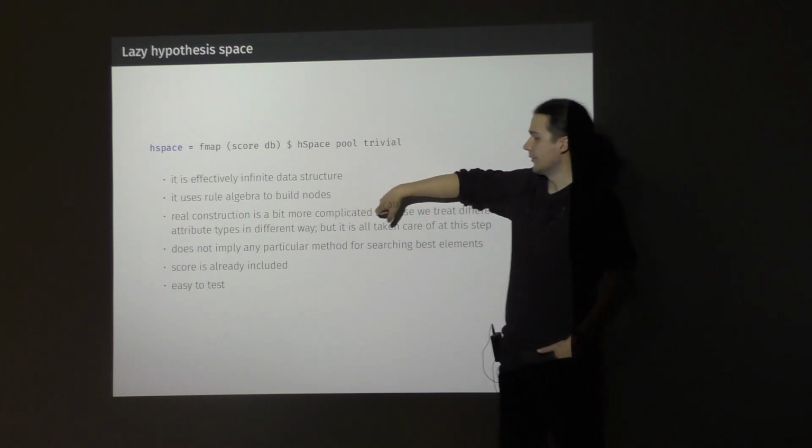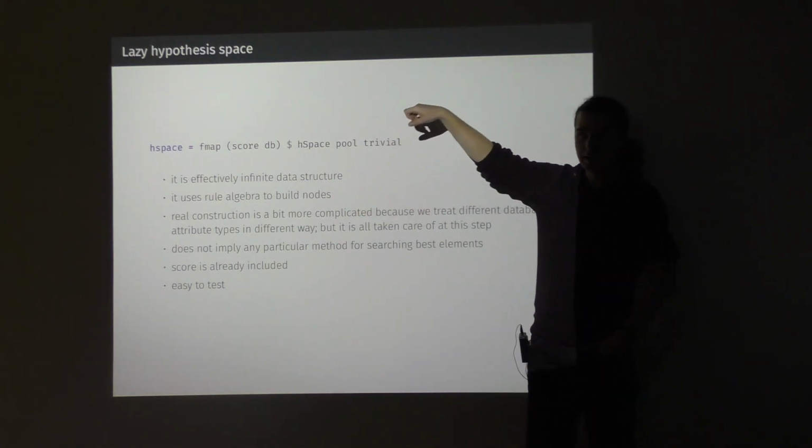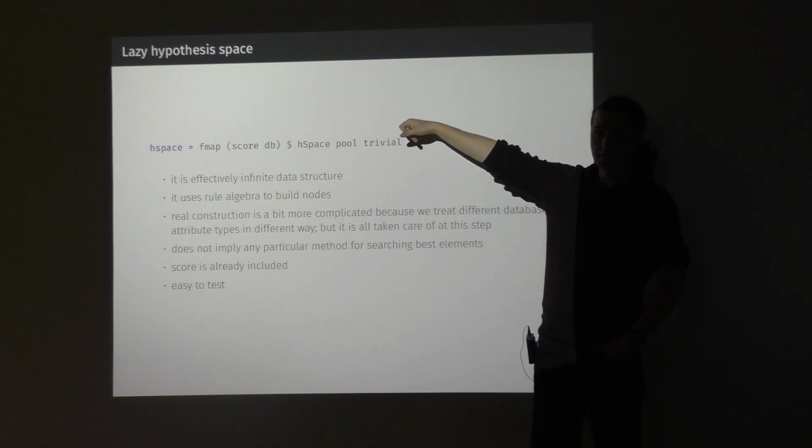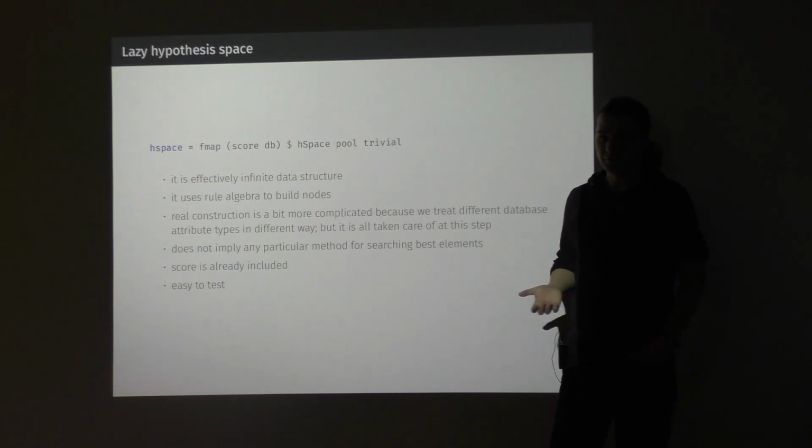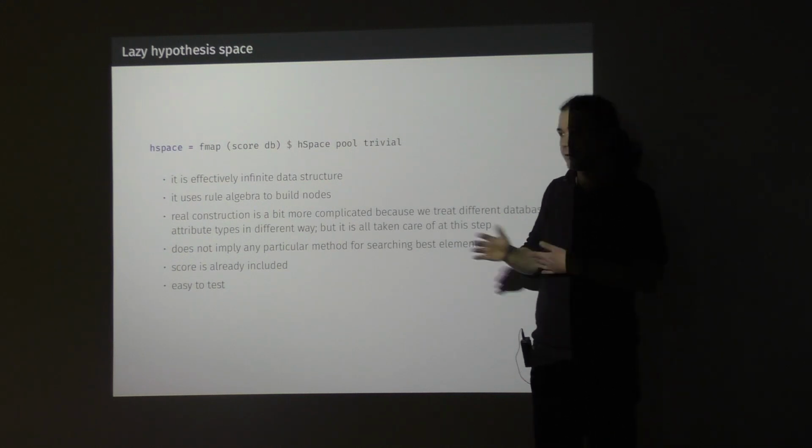We used the algebra of rules to build that structure, and that's the last moment where we used it. Later, when we traverse it to find the best rule, we will no longer need the algebra of rules. Actually, it won't matter if elements are rules or whatever else. I mean, for searching, it doesn't matter.